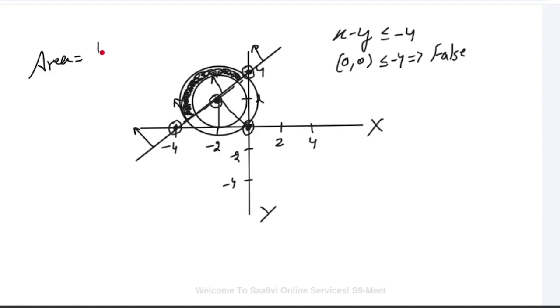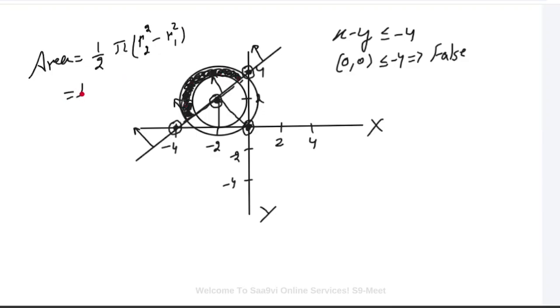So the area is going to be half of pi capital R square. We have taken R2 as the bigger radius, and minus R1 square. That will give me the area of this particular region.